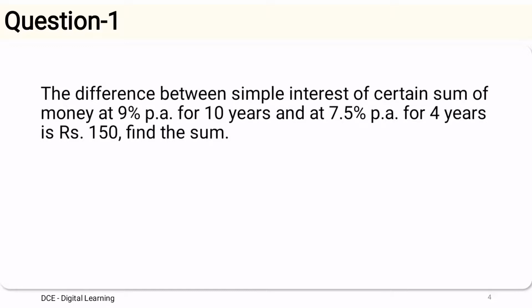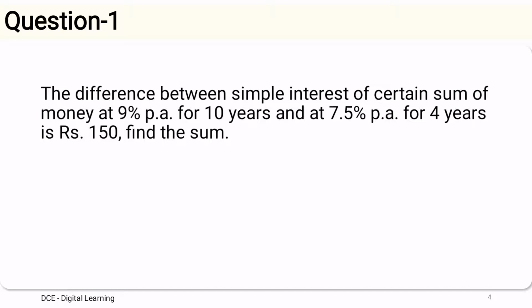So the question is, the difference between simple interest of certain sum of money at 9% per annum for 10 years and at 7.5% for 4 years is rupees 150. Find the sum. So dear students, we have to find out principal amount from this question.